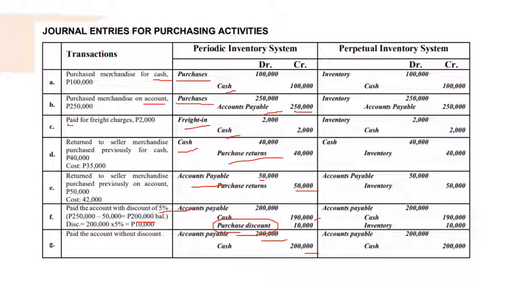Now let's go to the perpetual inventory system. The only difference between the perpetual and the periodic inventory system is that in perpetual, all the purchases, all the purchase returns, all the purchase discounts, and all freight in will be converted into the inventory account.